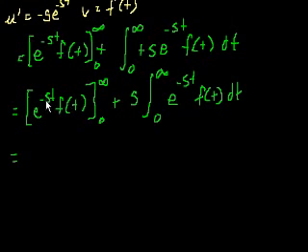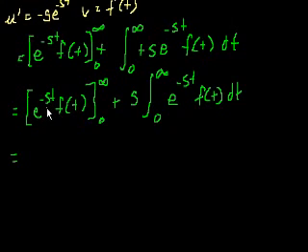This approaches 0, so we're not sure. If this increases faster than this approaches 0, then this will diverge. I won't go into the mathematics of whether this converges or diverges, but let's just say in very rough terms that this will converge to 0 if f of t grows slower than e to the minus st shrinks.